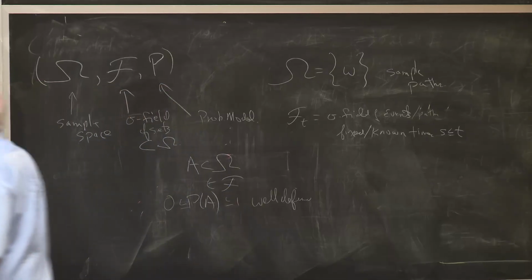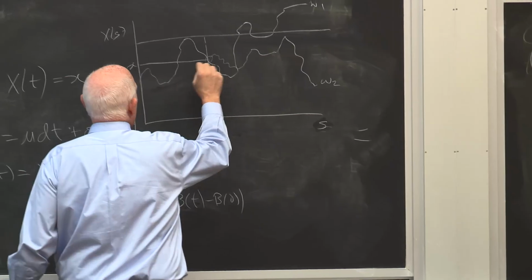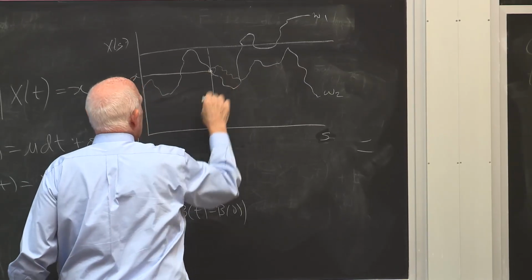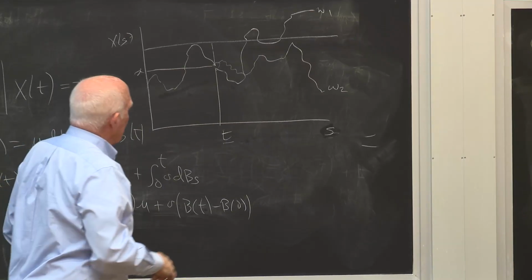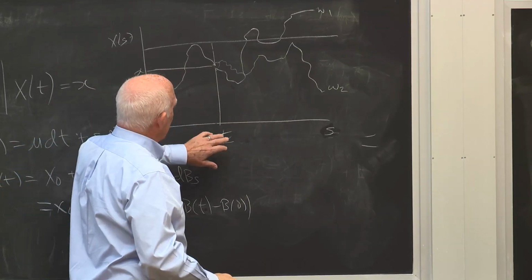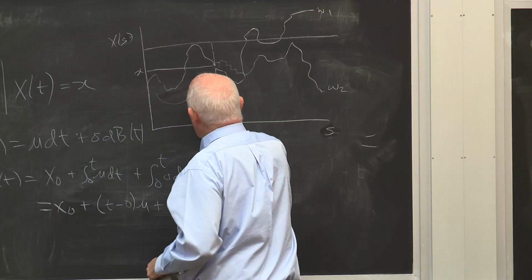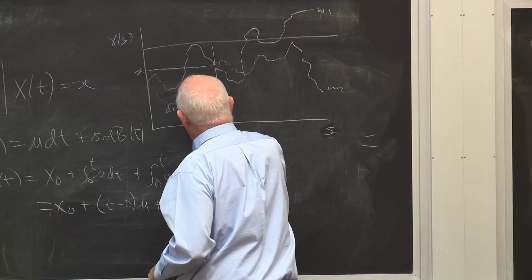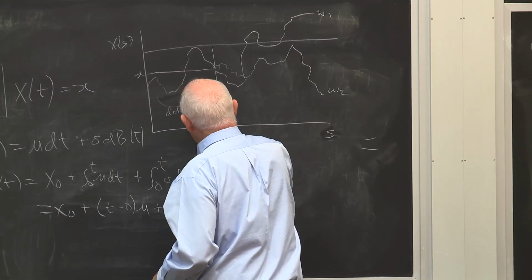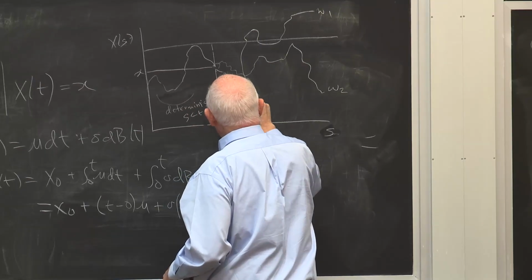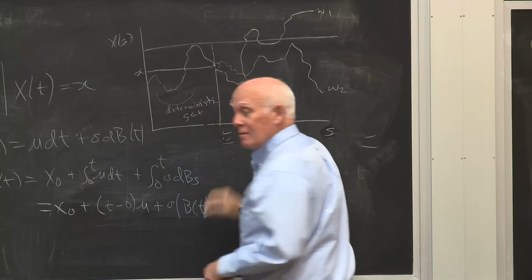So with script Ft, the information up to time t, if this is our path up to time t, the event of following this path up to time t is deterministic if we look back, deterministic for s less than t, but then it's random for s greater than t.